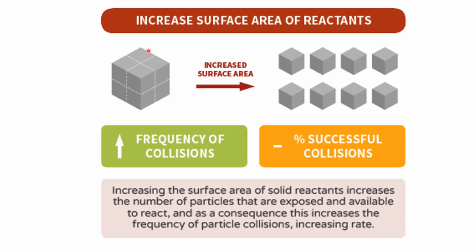But if you make this lump into powder, there will be smaller particles, which means that the surface area has increased, there is more exposed area, and that's why the particle collisions will be more successful, and that's where the rate of reaction will be more. So as we increase the surface area of the reactants, the rate of the reaction also increases.